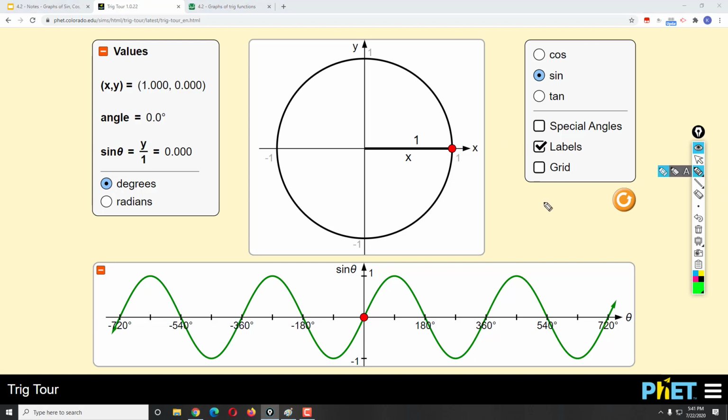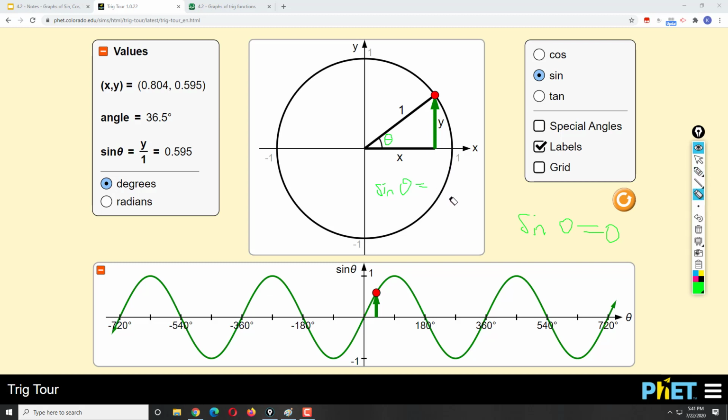We know that sine of 0 is 0, so we start at 0. As the angle increases, here's our triangle, and here's theta. Sine is opposite over hypotenuse.